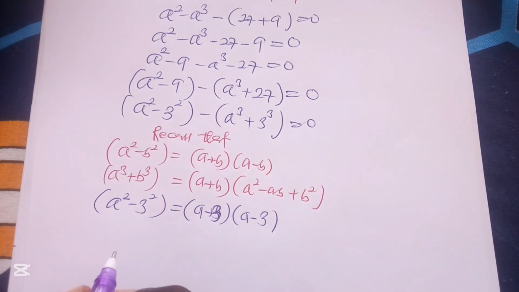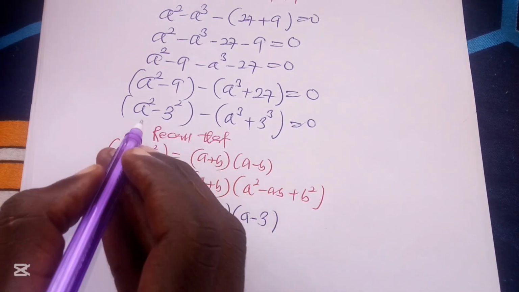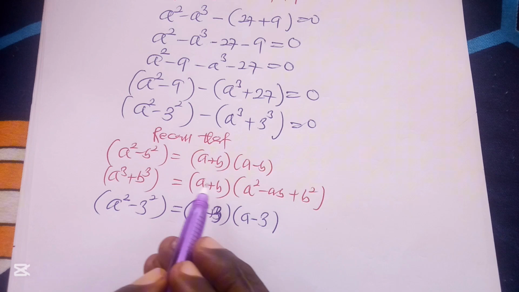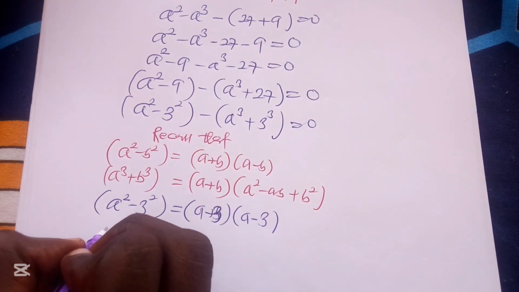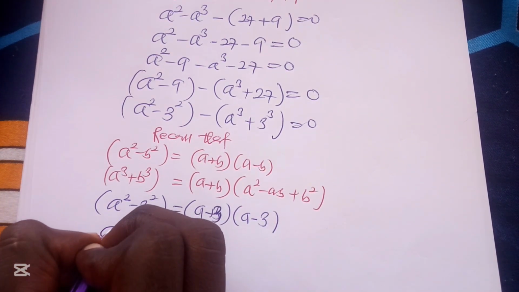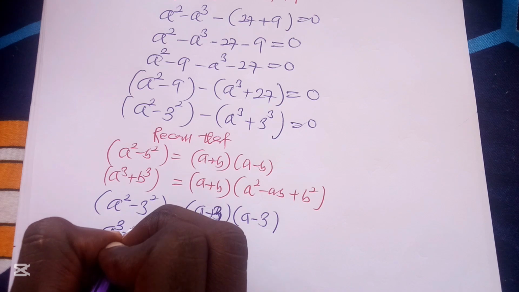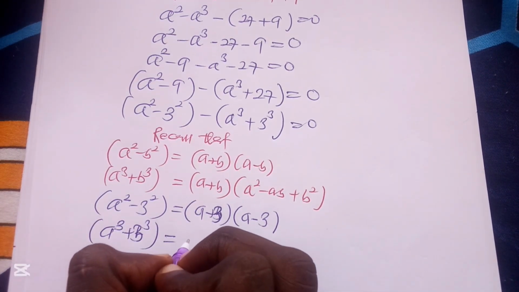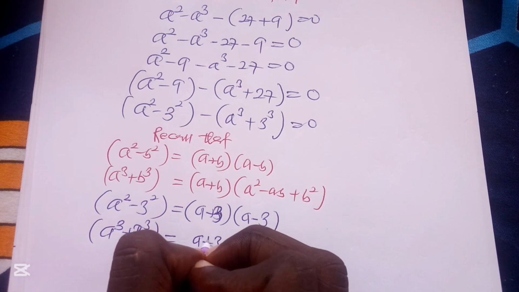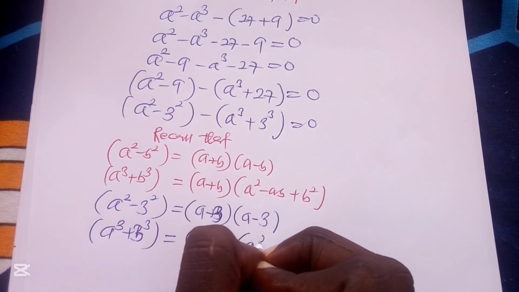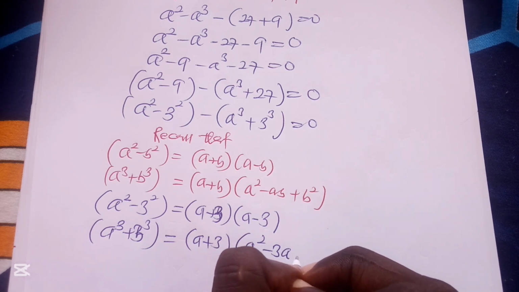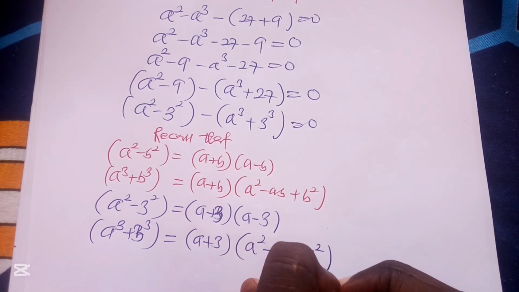Now similarly, we use this next one to substitute from this formula. Then if you have a raised to the power 3 plus 3 raised to the power 3, this equals a plus 3 into a square minus 3a plus 3 square.